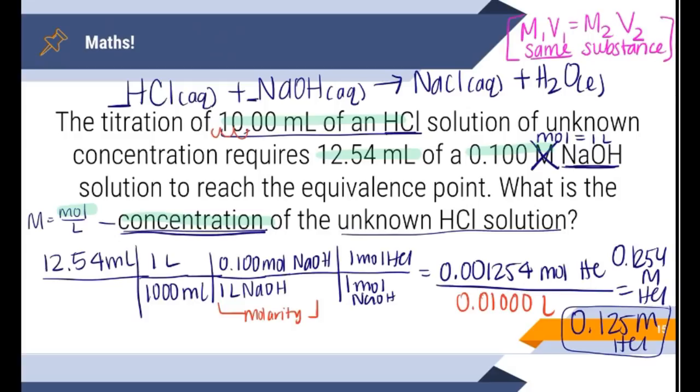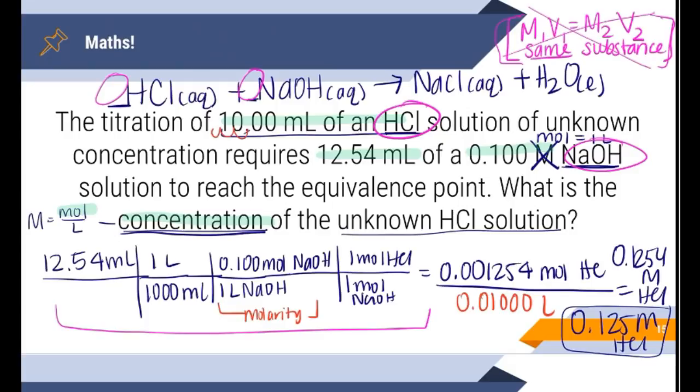So I cannot use it here because I have 2 different substances. If I have 2 different substances, I must use a mole ratio, and M1V1 does not give me any room for a mole ratio. So just do the stoichiometry out with a mole ratio hanging out here in the middle or in the end.